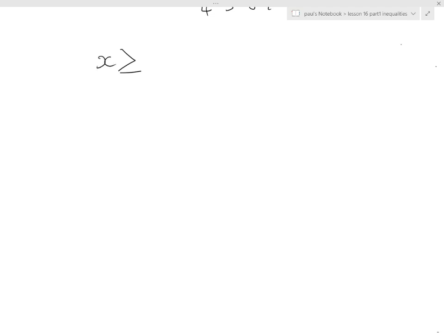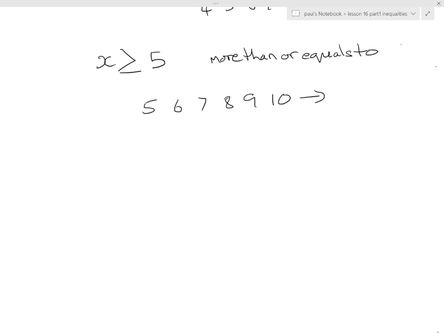So if x is more than or equals to 5, so possible values for x here, it could be 5 because it could be equal to 5, and then it could be 6, 7, 8, 9, 10, etc. Now the only difference between the simple more than and the more than equals to is that we include the number 5.